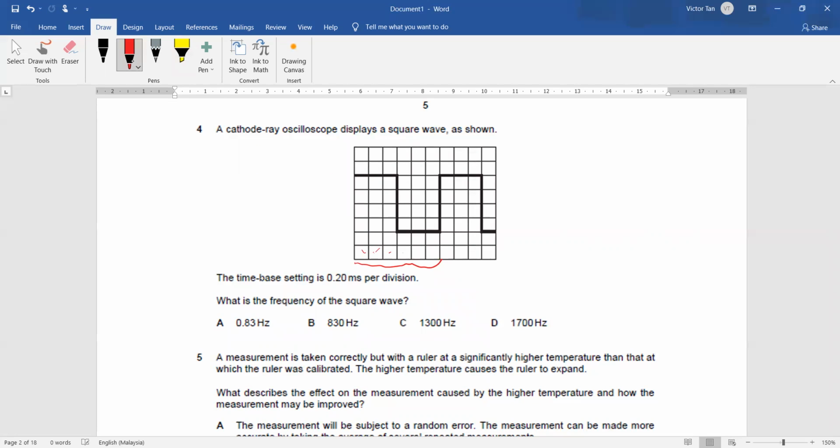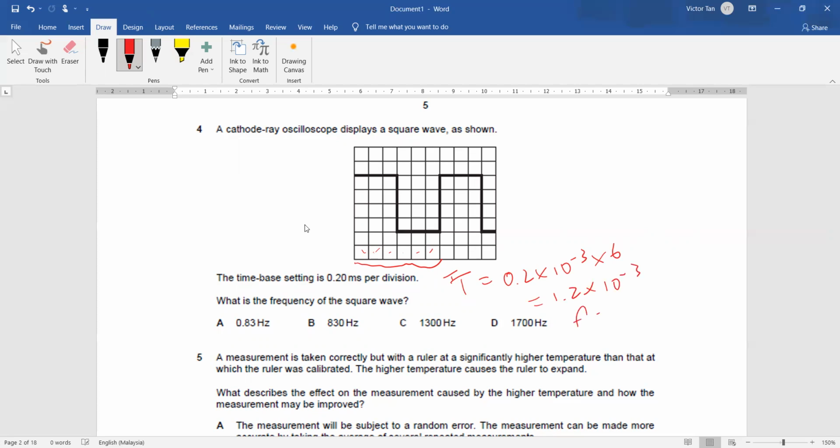So T is equal to 0.2 times 10 negative 3 times 6, which is 1.2 times 10 negative 3.